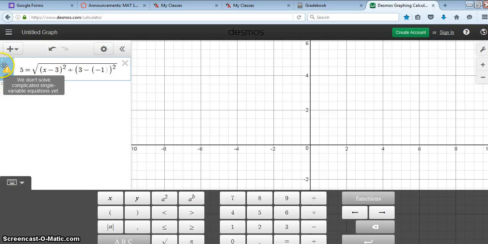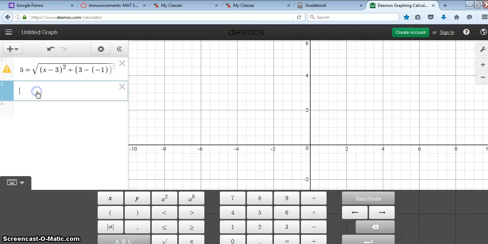And so it doesn't know how to solve this, right? So what we would first have to do is we'd have to square both sides. If we did that, we'd end up with 25 equals all that stuff without the radical on the right. And let's just go ahead and say that's plus 16, right? Because that's 3 minus negative 1, so 4 squared is plus 16.